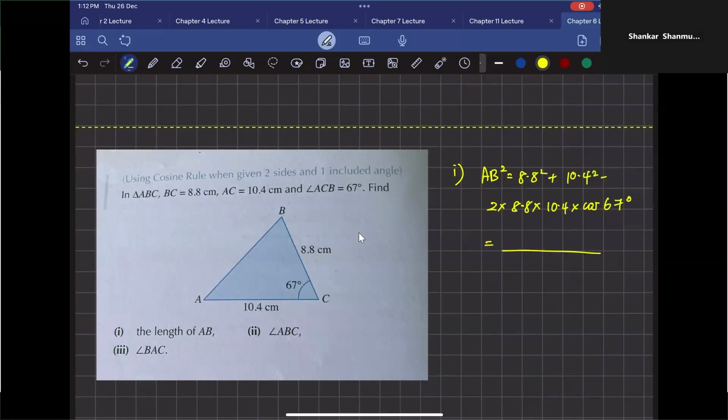Then you just type this whole thing in your calculator. You should get 114.1. Then AB should be equal to 10.7 cm.